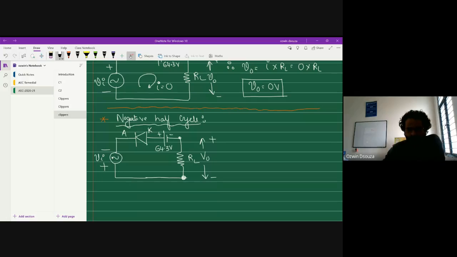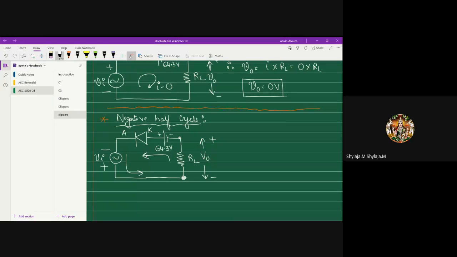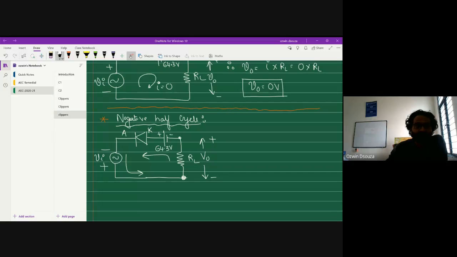Both Vi as well as 64.3 are trying to send the current in anti-clockwise direction, minus to plus. So both the currents are flowing in anti-clockwise direction, and thereby what? Forward biasing or reverse biasing? Reverse biasing.